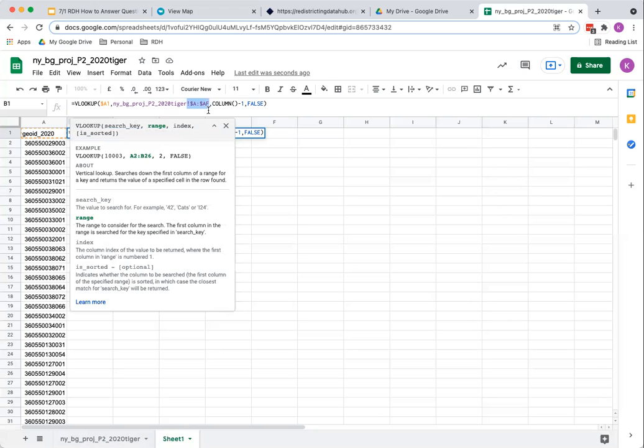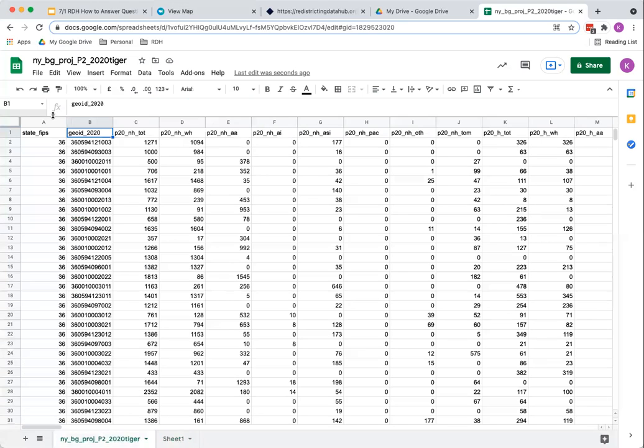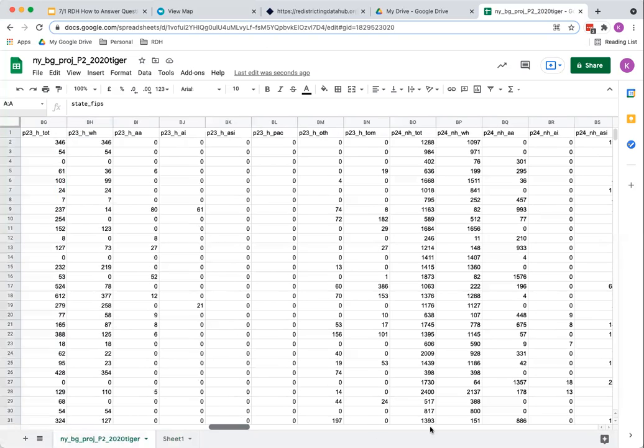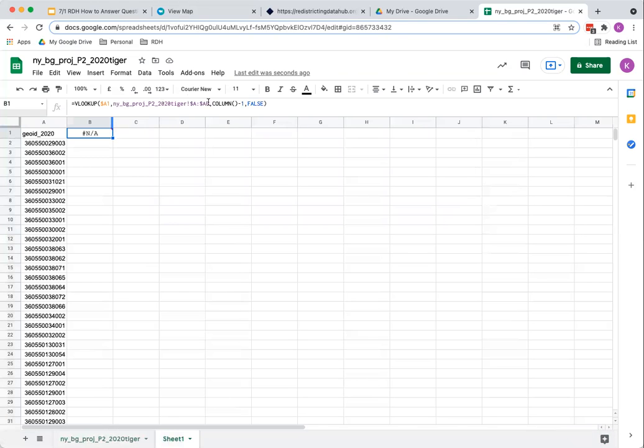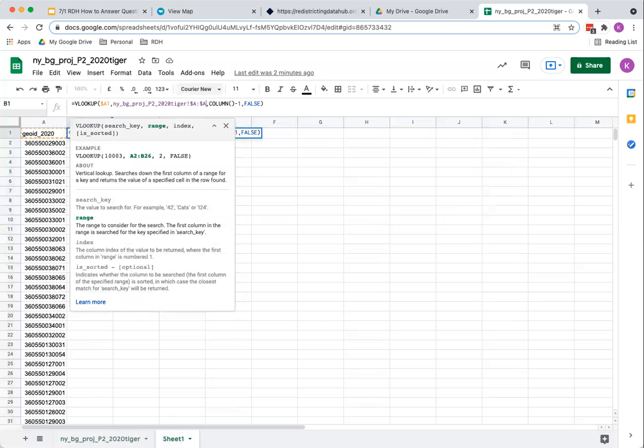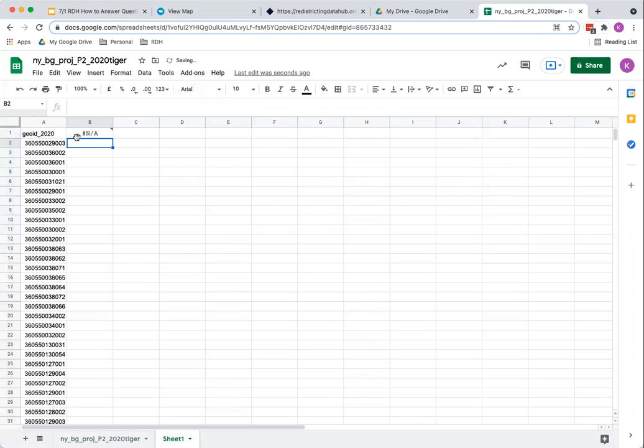This part tells it where to search within that tab. So the data goes from column A all the way over to column FV. So I want to tell it to look in column A all the way through column FV.